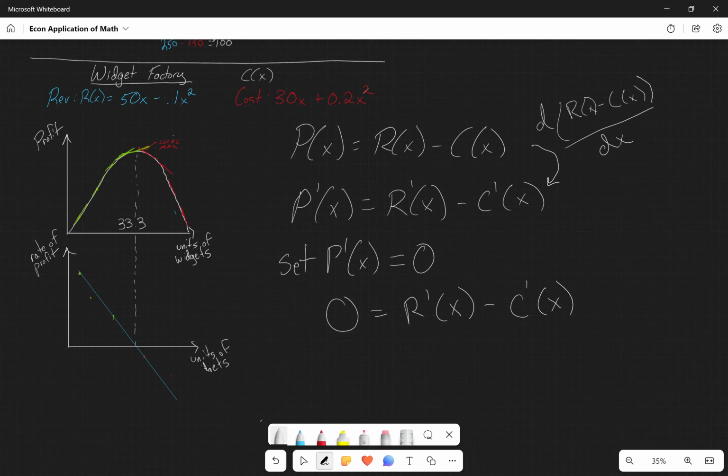And I've been holding out on you. Some of you from my econ classes or who have taken econ classes before or in high school might be saying, oh, these R primes and these C primes, they have names, right? R prime is also known in economics as our marginal revenue.